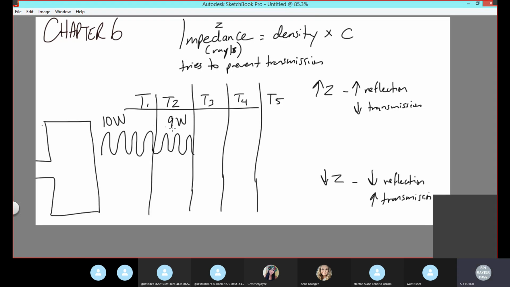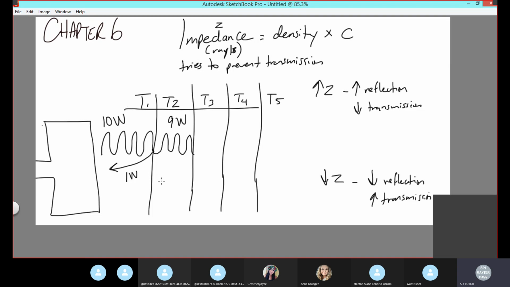And when I went from tissue 1 to tissue 2, now I have 9 watts. Okay. That means that my reflection is 1 watt. Because if I have 9 left over and 1 got sent back, I get my 10 back. Everything is accounted for. Okay.